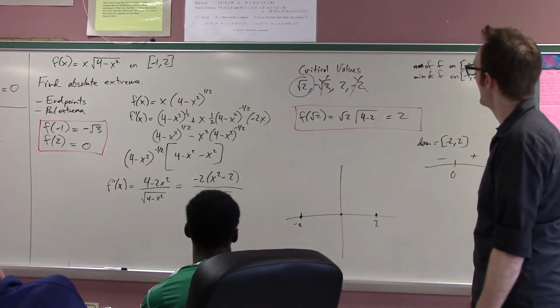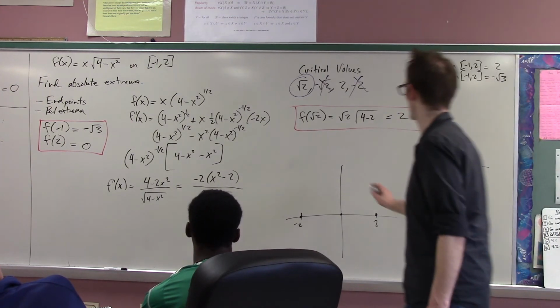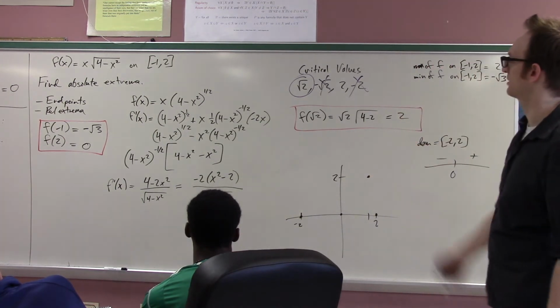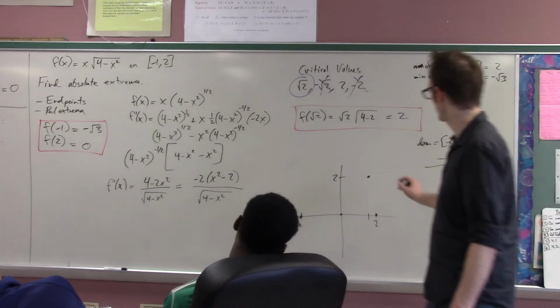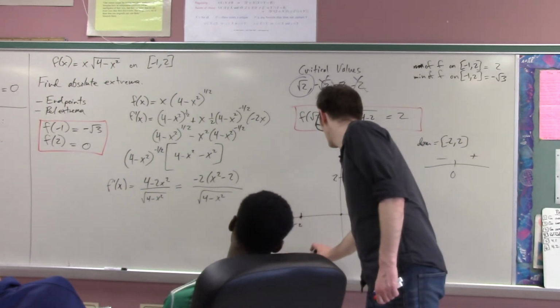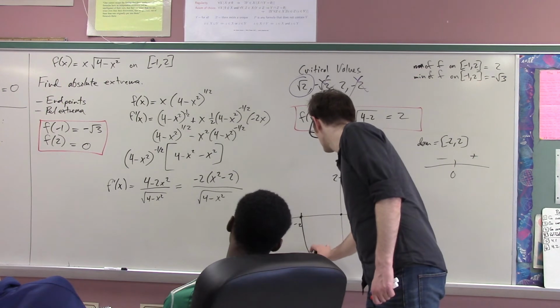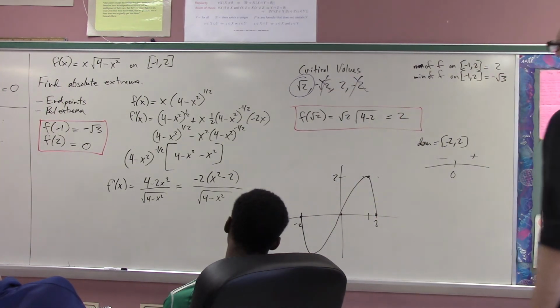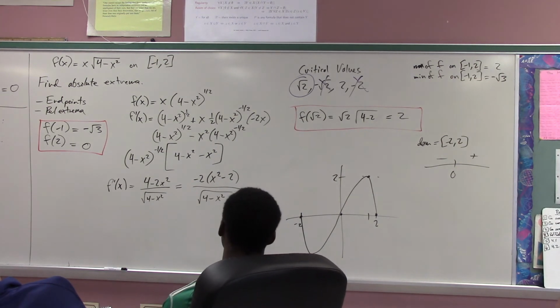And at root 2, it's going to be 2. It's also true that the derivative is 0 there. And also this function's odd, so I think I know what this function looks like. It looks like this. And all of that kind of makes sense.